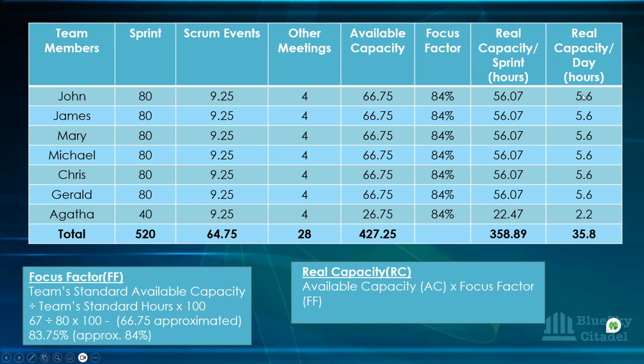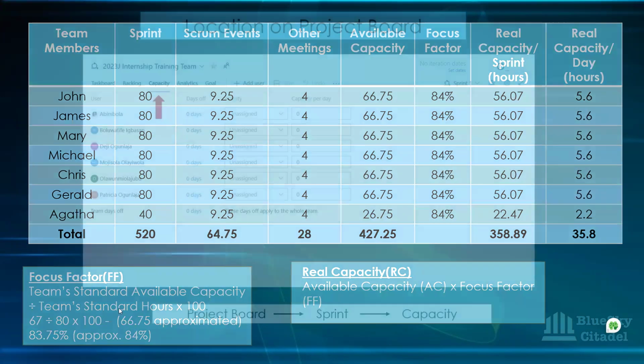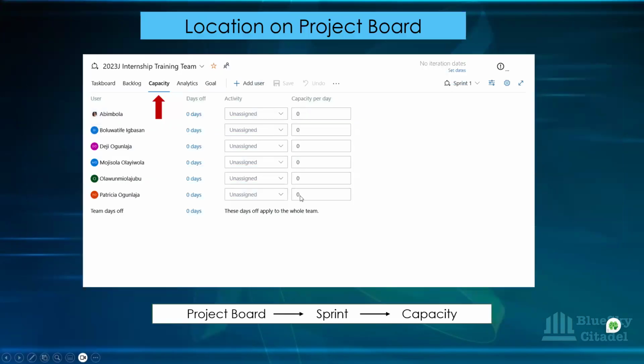So you can just put your 6 hours per day here for your developers and your testers, because if nobody takes any holiday, their capacity per day is 6 hours.